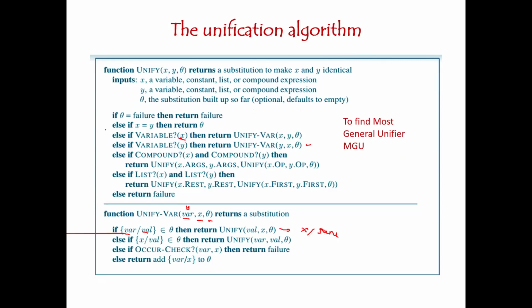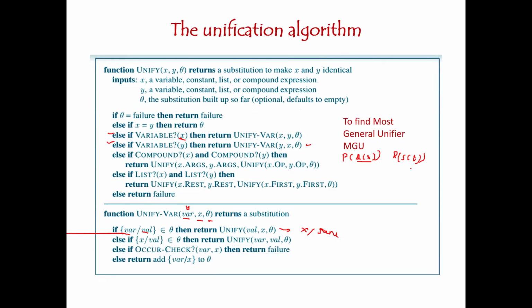So that might match with any one of these two forms. Okay. For example, if I have P of Q of X, and one more I have like R of S of T. Okay, then first I have to make this compound into a simple one.